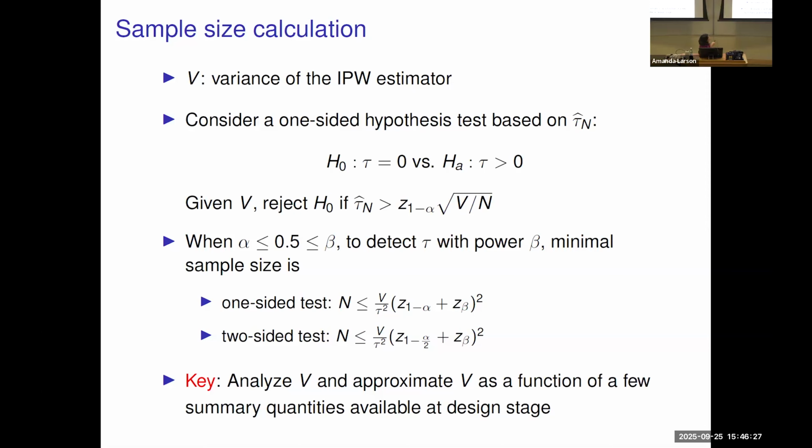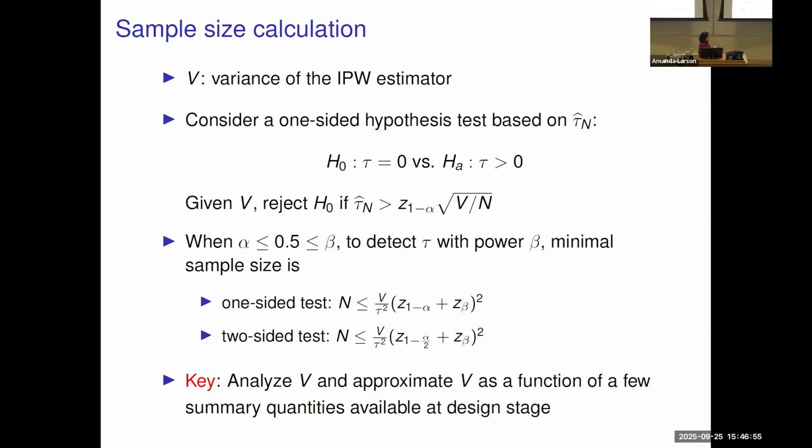The key thing is, if you know the variance of the Hajek estimator, you can just plug it in, because tau is known, it's prefixed. Alpha and beta are prefixed; these are just quantiles. So then the question becomes, analyze V. But more importantly, in power calculation you don't have individual data. You cannot estimate this from data.